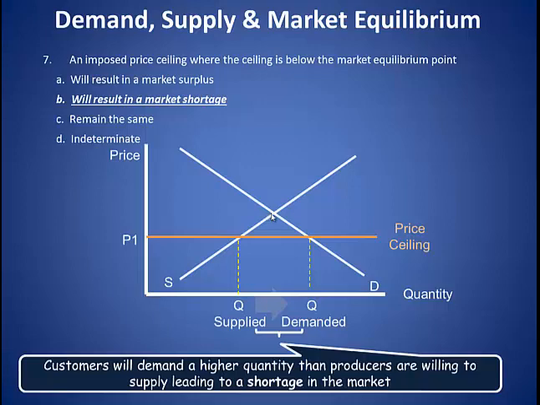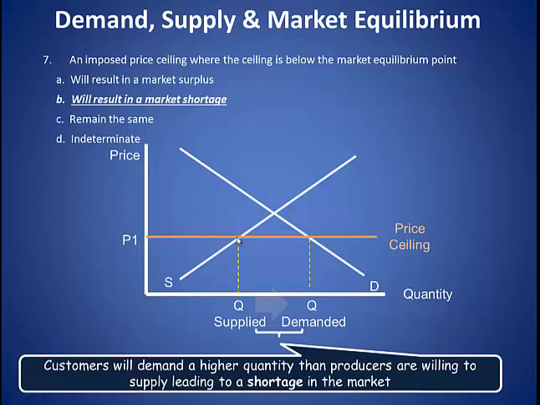But in this case, with the price ceiling, what happens is that at that price, consumers are basically going to demand a higher quantity of that product based upon the curve intersection with the price ceiling. Yet, on the other hand, suppliers are going to only produce so much because that's all they're going to produce based upon that price level.